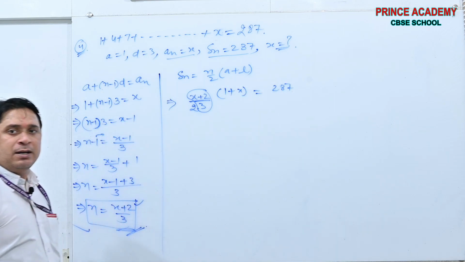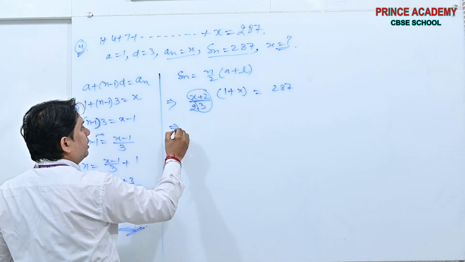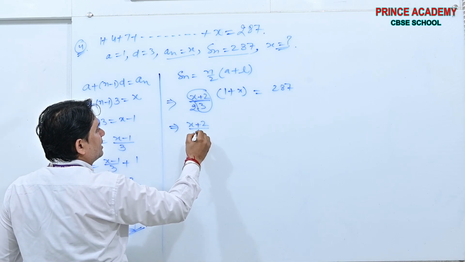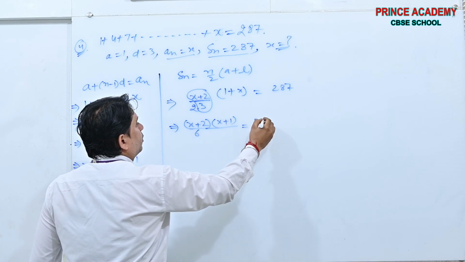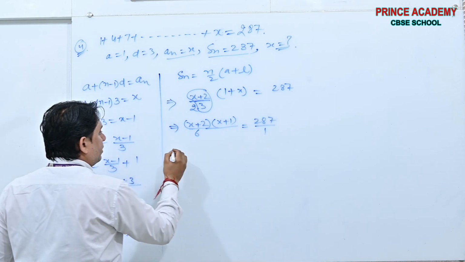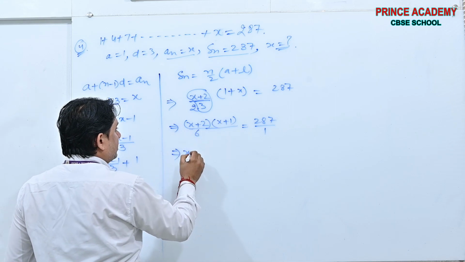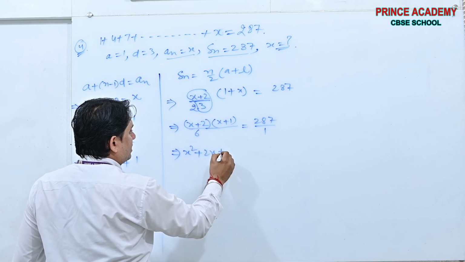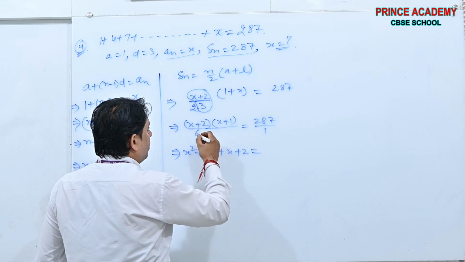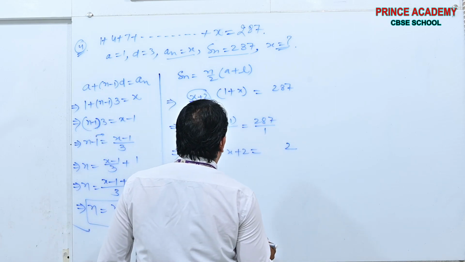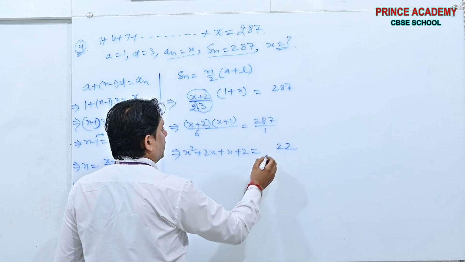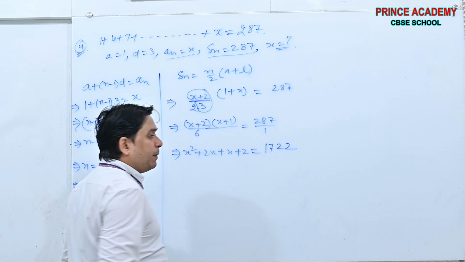Now what did we get? (x plus 2) by 6, and this is (x plus 1), equals 287. Multiply x square, 2x, x2. Multiply with 6, 6 42, 48. Okay beta, done.